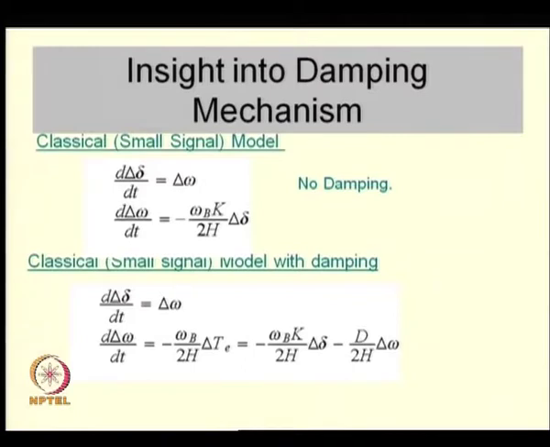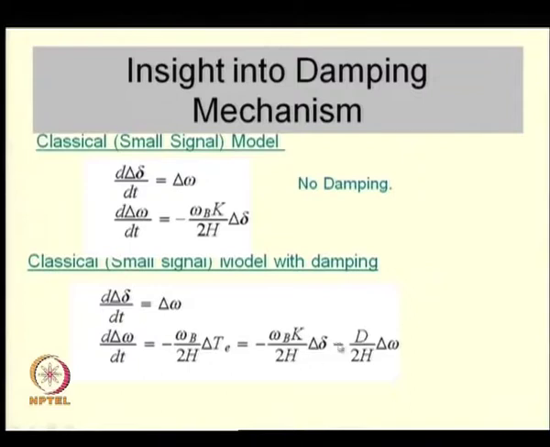In fact, you can introduce damping if you have an additional term which is proportional to speed. It is called the viscous friction term. So, if you look at this classical spring mass system, there is no damping, but in case there is a component of electrical torque which is proportional to the speed, one could really get some kind of damping.